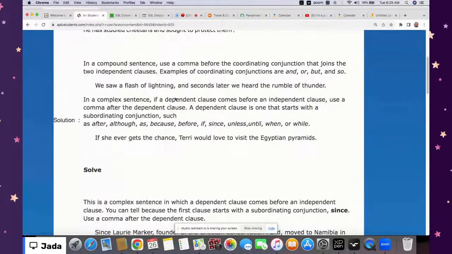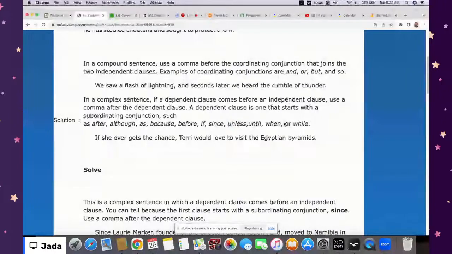Now, a dependent clause is one that starts with a subordinating conjunction. Dependent clauses always start with subordinating conjunctions. These are the subordinating conjunctions: after, although, as, because, before, if, since, till, unless, when, or while.